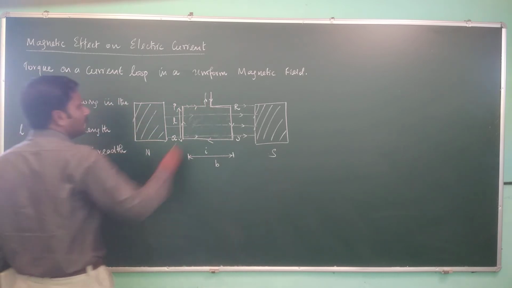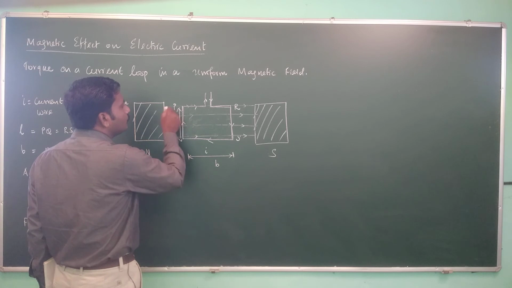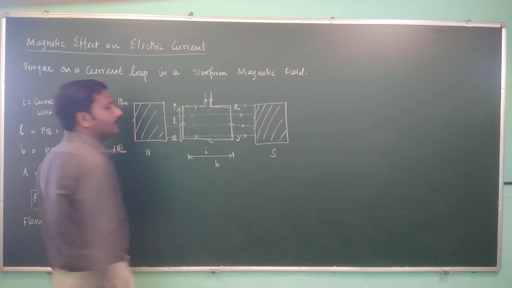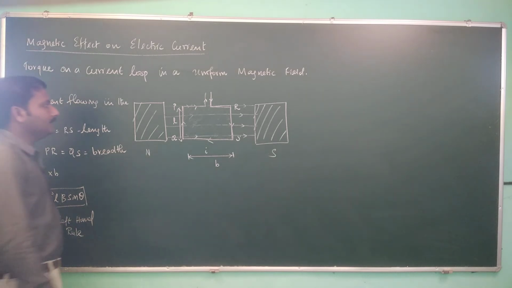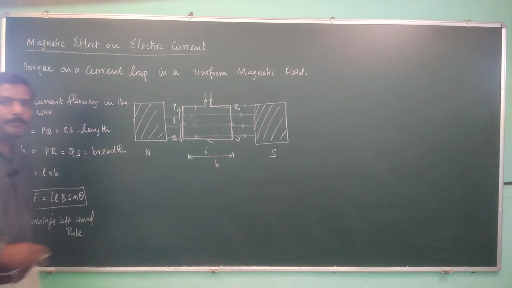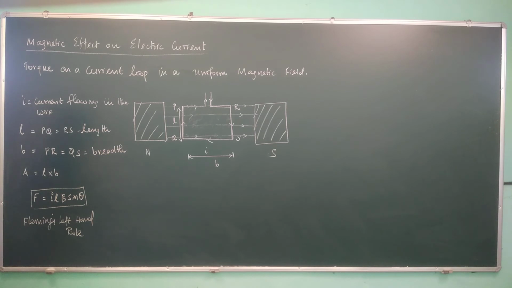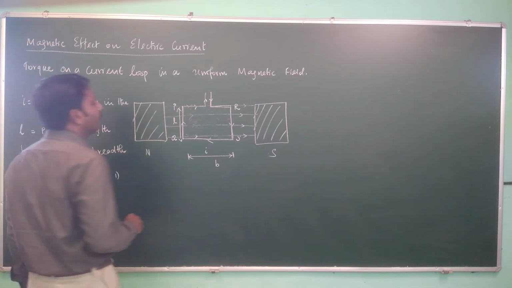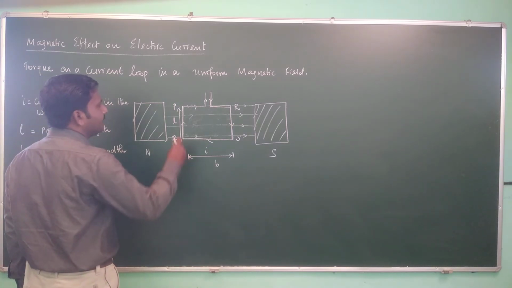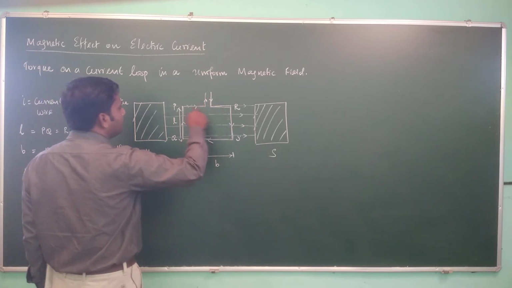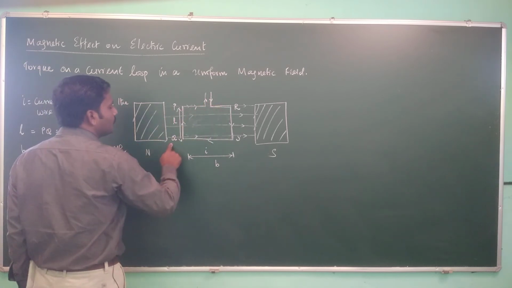In this rectangular loop, two sides PR and QS are parallel to the magnetic field lines, while PQ and RS are perpendicular to the magnetic field lines. Now, case 1: what would be the force? The angle between the current and the magnetic field is 0 for PR and QS, right?